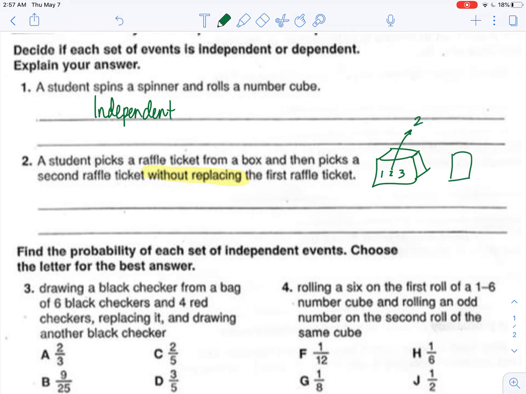And then in my box, I've only got 1 and 3 left. Well, here I had a 1 in 3 chance. Here I've got a 1 in 2 chance. So did my probabilities change? Well, yeah. So these are dependent events. Your probability of getting picked second depends on whether or not you got picked first.